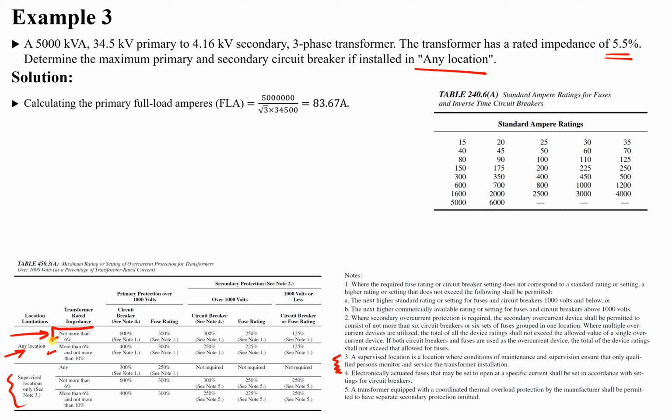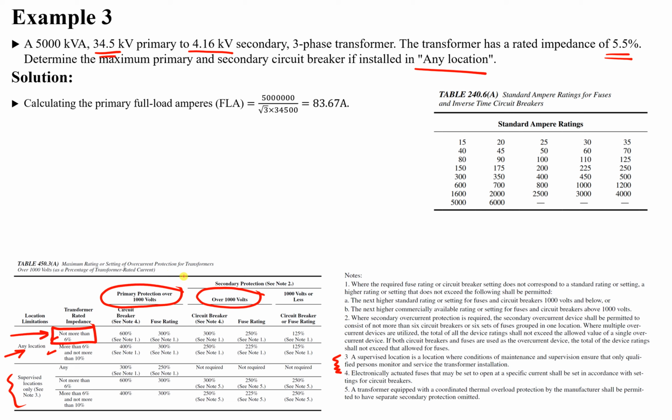Not more than 6%. The second question, what are the voltages of the primary and the secondary? The primary is greater than 1000 volts, same as here. The secondary is 4.16 kilovolts, which is greater than 1000. So we are going to use this part here.